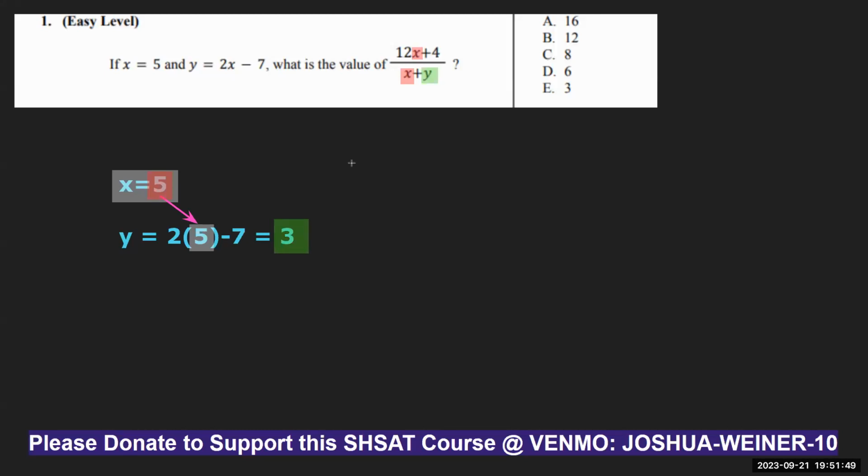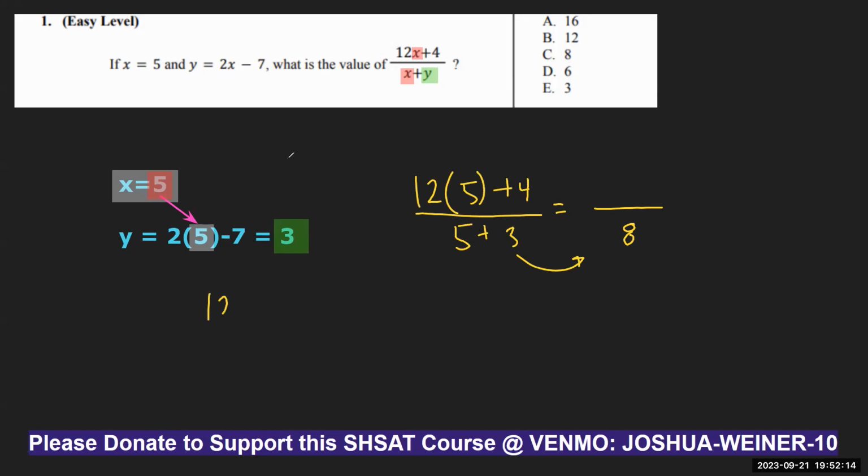So now we'll rewrite the expression with those variables in place. We get 12 times 5 plus 4 upon 5 plus 3. So the denominator is easy. 5 plus 3 is 8. And for the numerator, 12 times 5, you know your 12 times tables, that's 60.